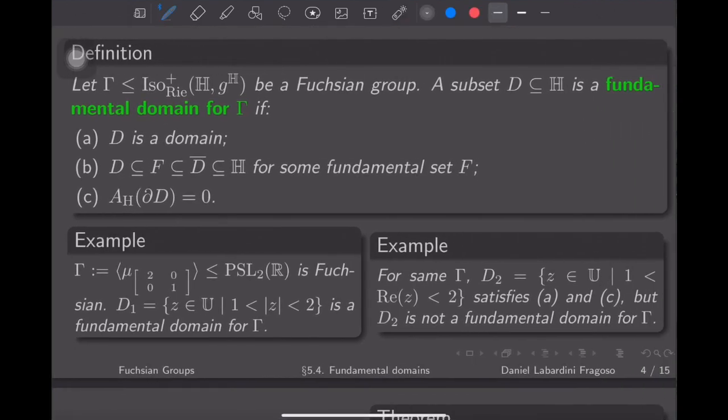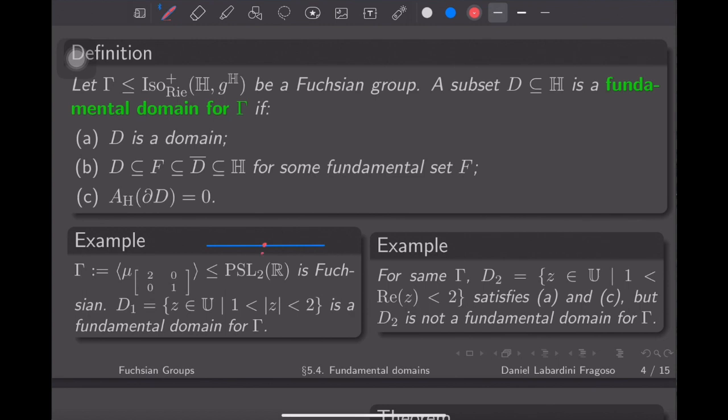And then if I take, yeah, I have here the real axis. And it's multiplication by 2, and what I'm doing here is I'm taking just this annulus.